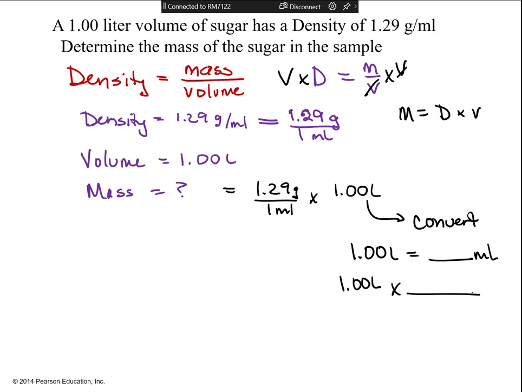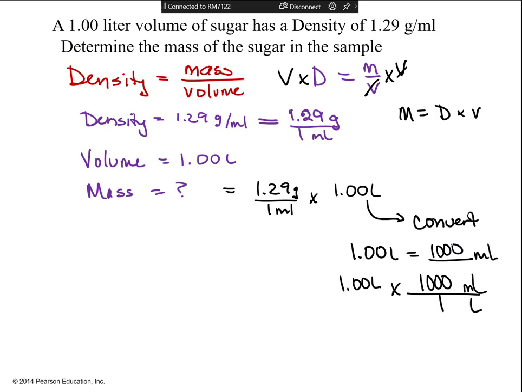What unit do I put on the bottom? L. What unit do I put on top? mL. When you see milli, what goes in front? 1,000. Liters gets the 1, right? Because milli, it takes 1,000 millis to make a base unit. So instead of being 1.00 liters, this is 1,000 milliliters.